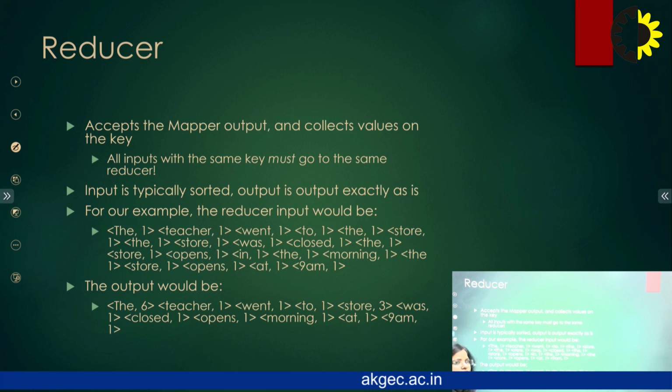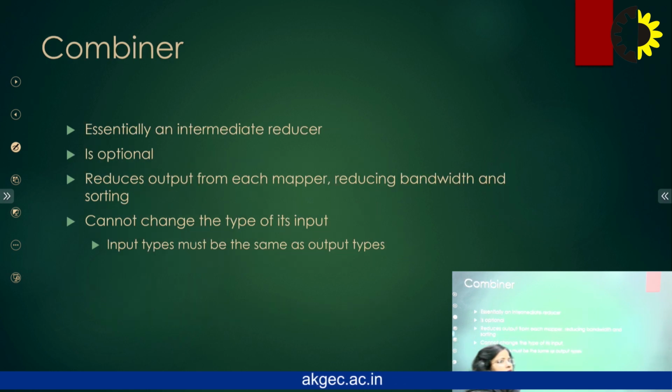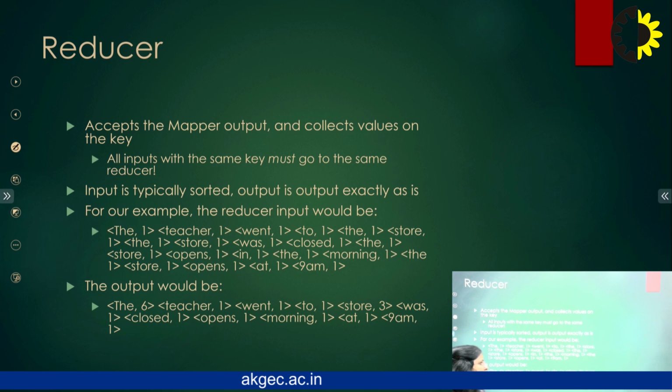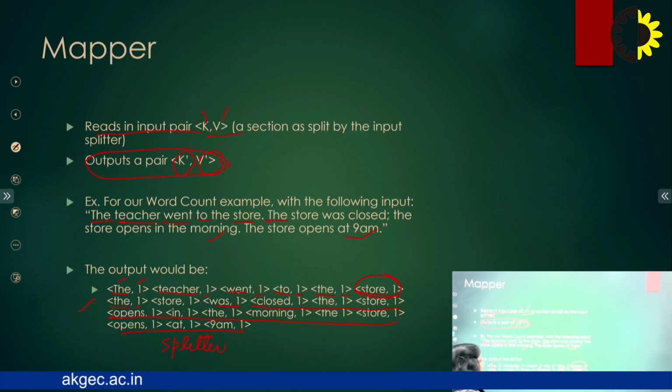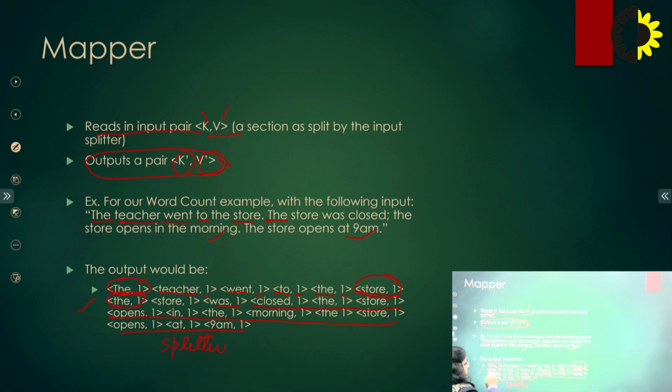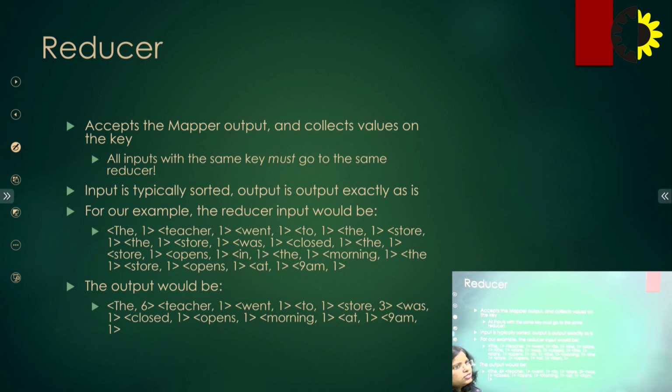Now the reducer. The task of the reducer is to reduce the key-value pairs. Here you see that the is here, the is here, and again the is here. So we reduce the occurrences of these words. How can we do this? By using the reducer.